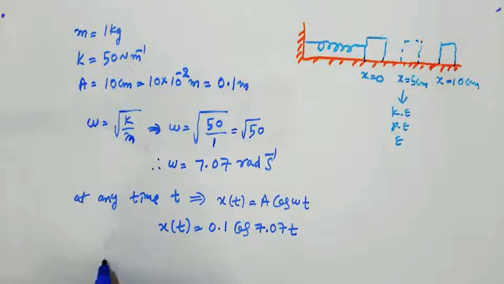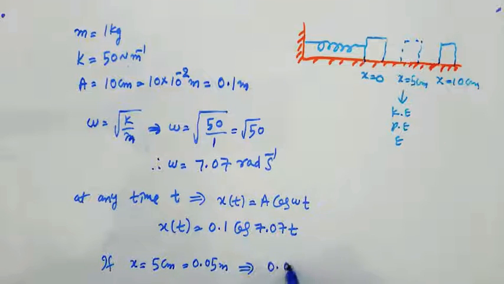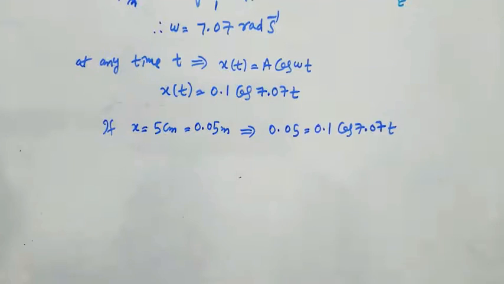If x is equal to 5 centimeters, that is 0.05 meter. So 0.05 is equal to 0.1 into cos 7.07 t.